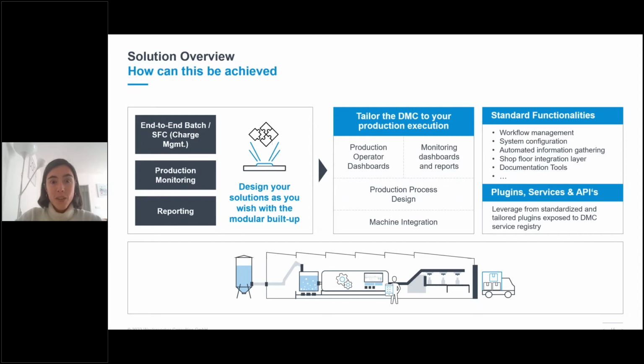So as you can see here in the next slide, DMC is really a fully adaptable and modular solution. When Alex presented the first part, the benefits of the cloud, we can really see this in DMC. To get the end-to-end batch management that you need, and to fully track and trace your production process, you can adapt your solution with DMC as you need. DMC will provide you with pre-delivered or standard functionalities such as the production operator dashboard for execution or pre-delivered KPIs for monitoring.